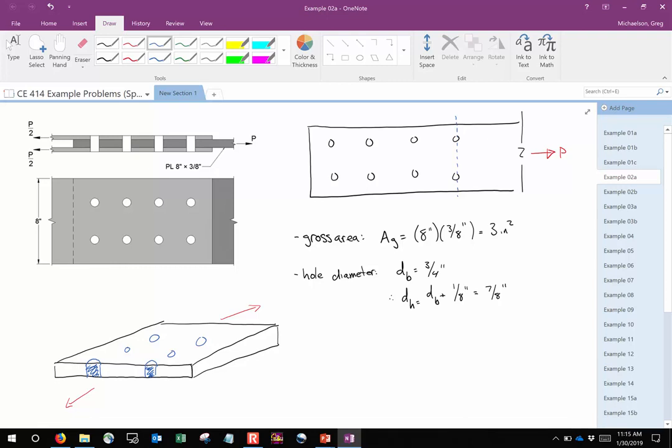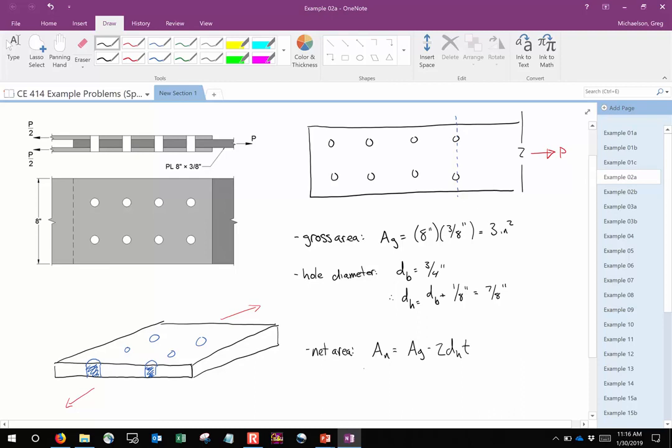The diameter times the thickness. And that's how you compute the net area. So therefore, I propose that for the net area we take the gross area and we subtract, for this problem, 2 times the hole diameter times the thickness.